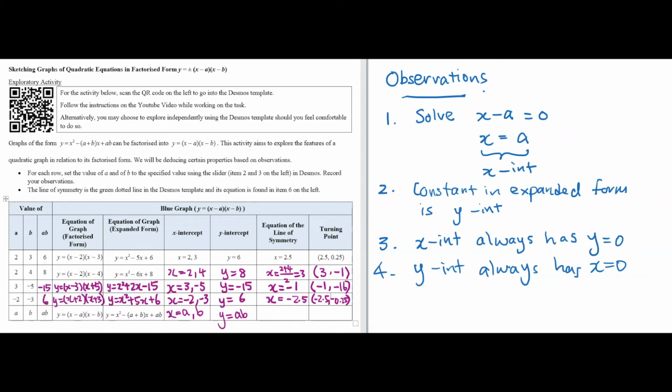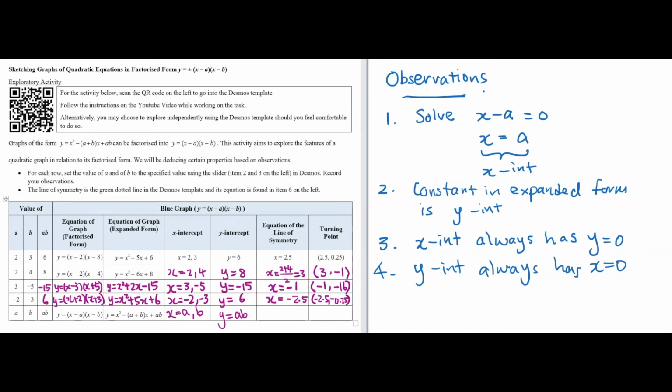Okay, sometimes we are more familiar with the general form of x squared plus bx plus c, so it's actually y equals to c, so it doesn't matter. So what we can do is actually just take the value of a and b and multiply them together to get the y-intercept. Okay, so that's based on the factorized form. And then for the line of symmetry, what we have is actually the two x-intercepts.